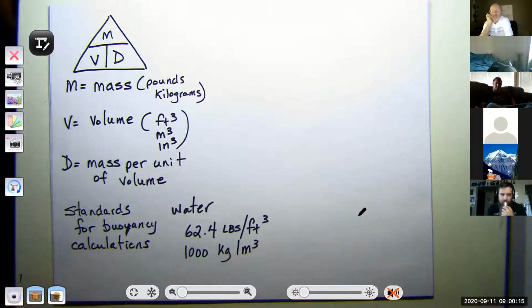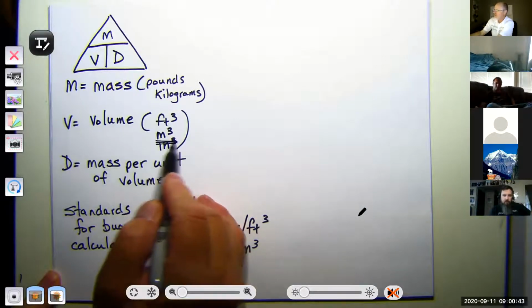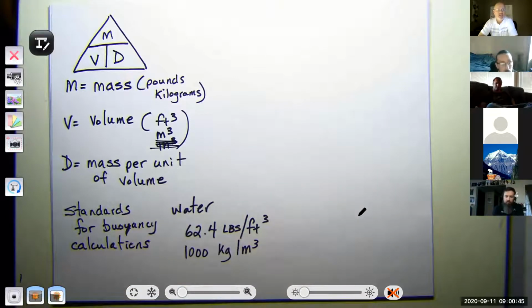Okay, so to start off, we have the density triangle, and this is to calculate density. So I wrote down a couple things here. Mass is always going to be in pounds or kilograms. Our volume is typically going to be in cubic feet or cubic meters. I know I put cubic inches there, but mostly it's cubic feet and cubic meters that we want to be concerned about when we're going to do any kind of buoyant force calculations.